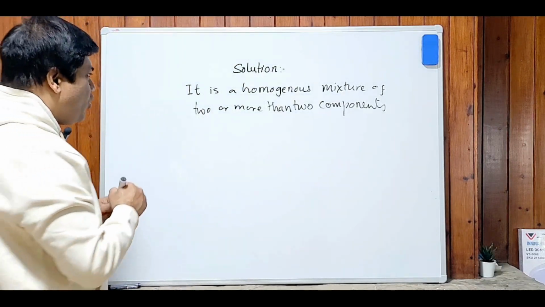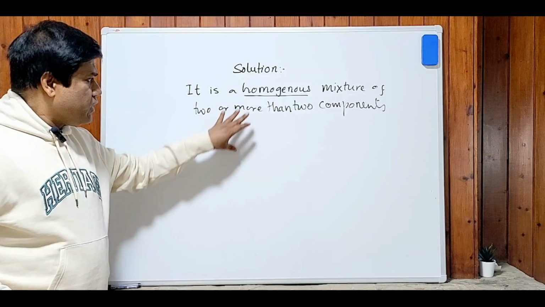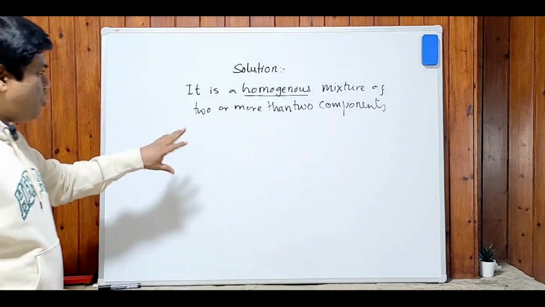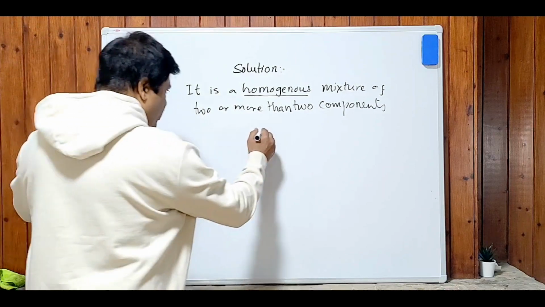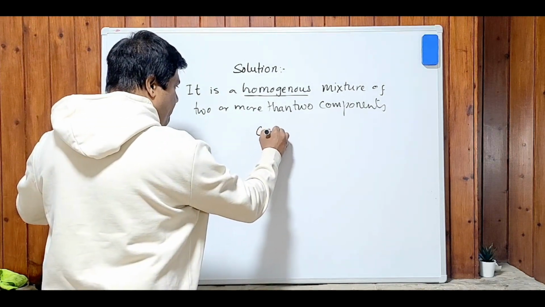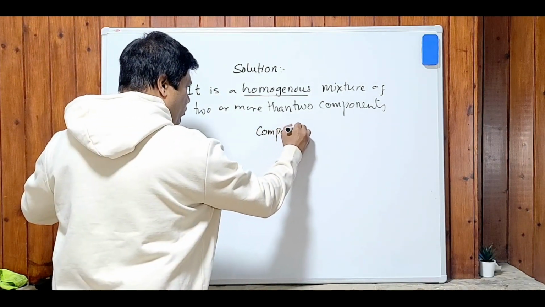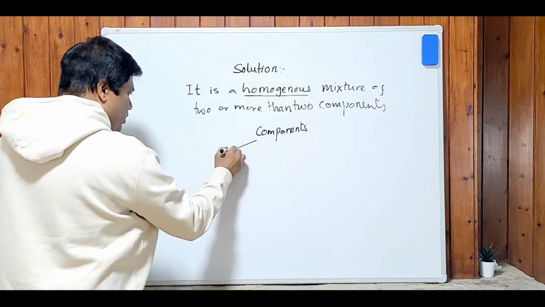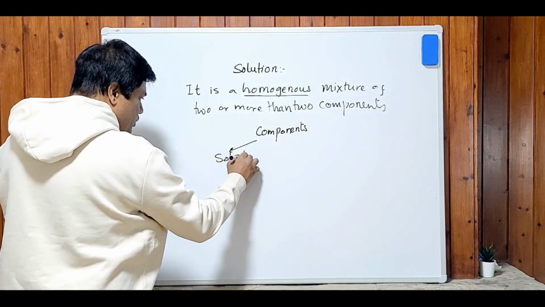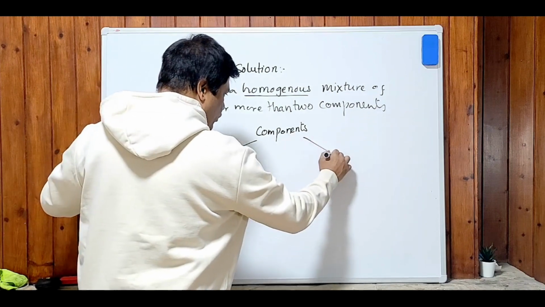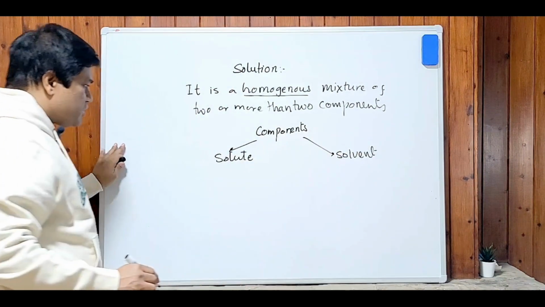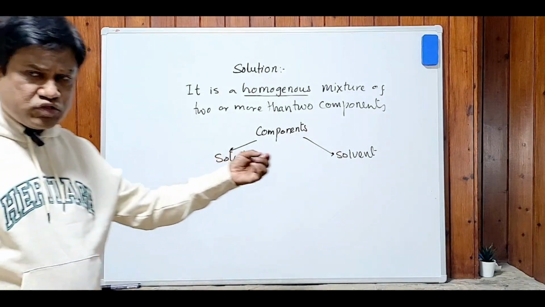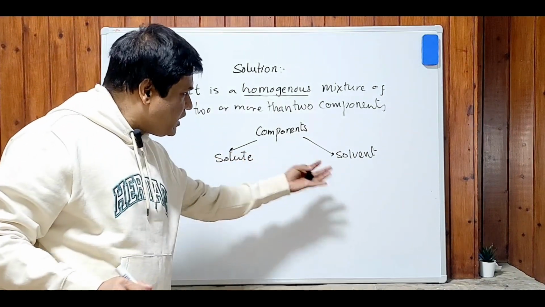What is the meaning of homogeneous? Look at the homogeneous: a homogeneous mixture of two or more than two components. What are the components? Solute and solvent. Mostly we think that solute is a solid substance and solvent is a liquid substance.